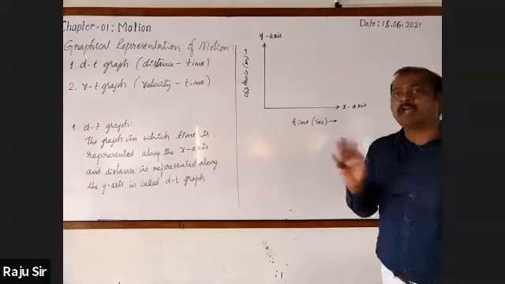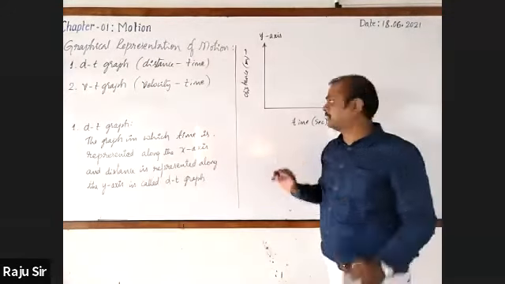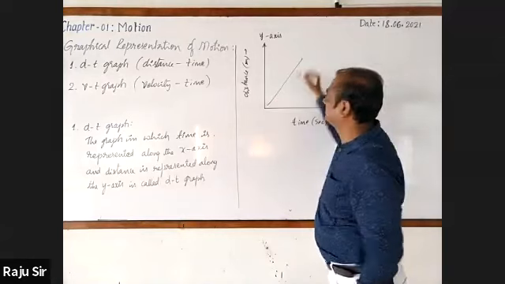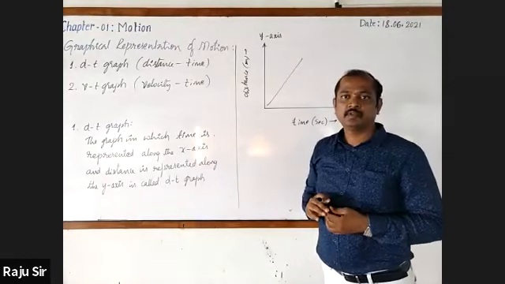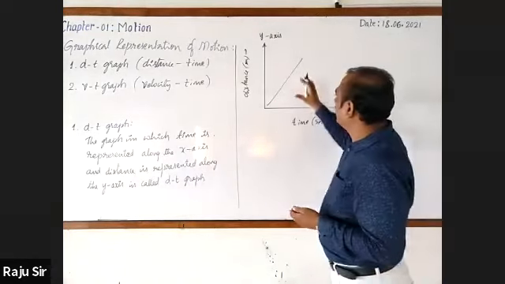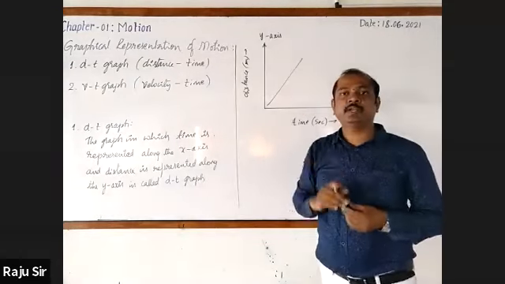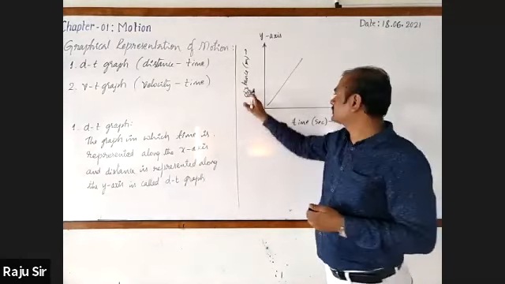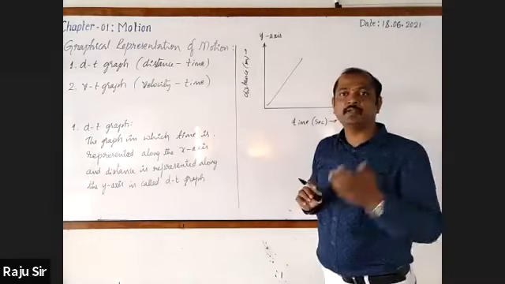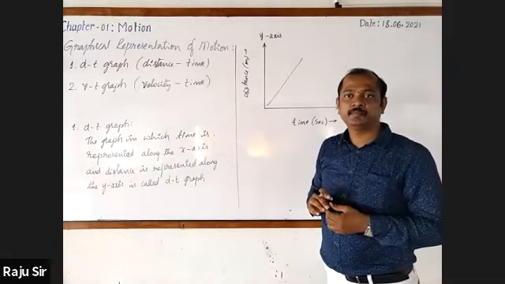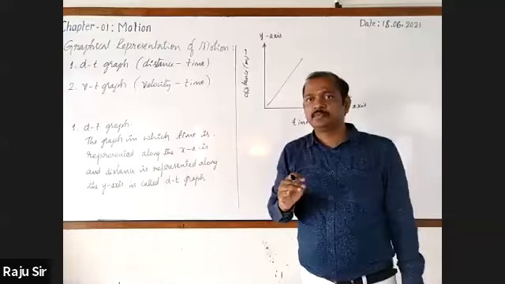So a graph is obtained. This is the graph. From this graph, how do you come to know the speed, or how do you decide that the distance time graph gives the speed? Distance by time.